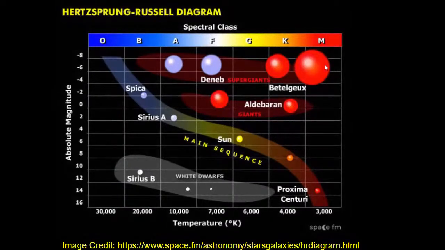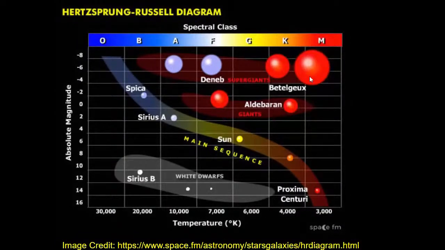Now, here is another star which is of great interest these days called Betelgeuse. Betelgeuse is a star in the Orion constellation, and currently the astronomers are keenly observing Betelgeuse, which is a supergiant, because currently Betelgeuse is showing a lot of variability.